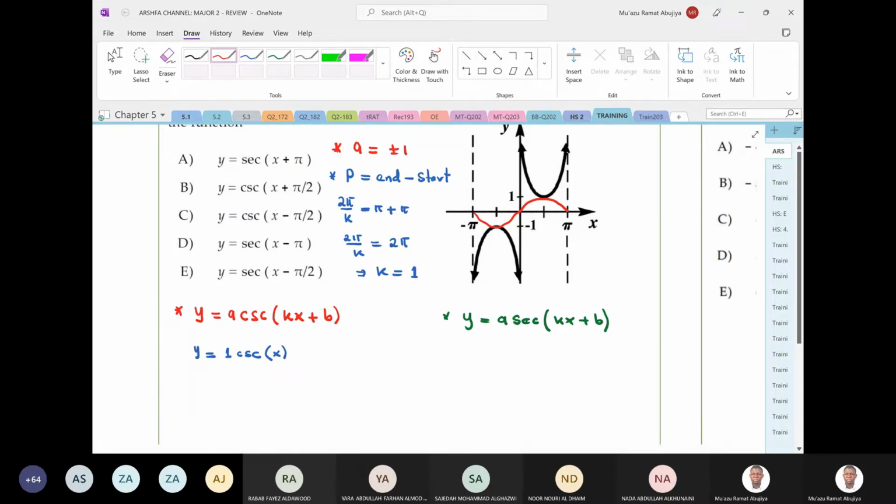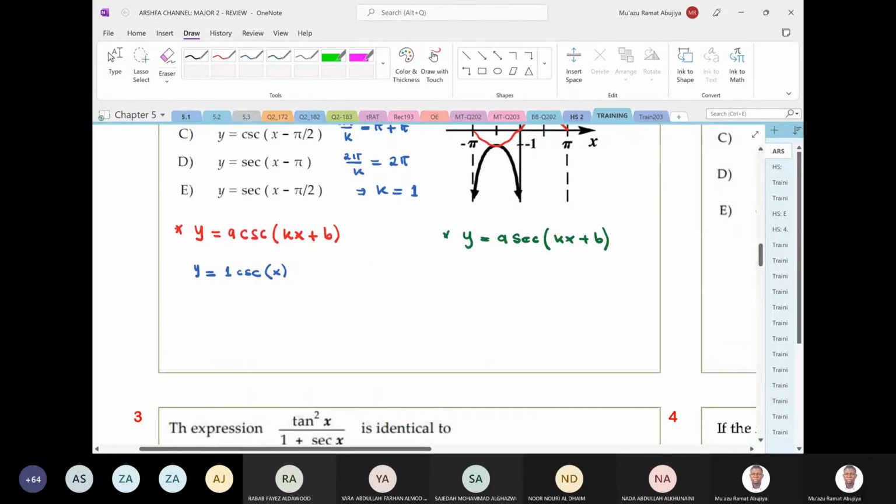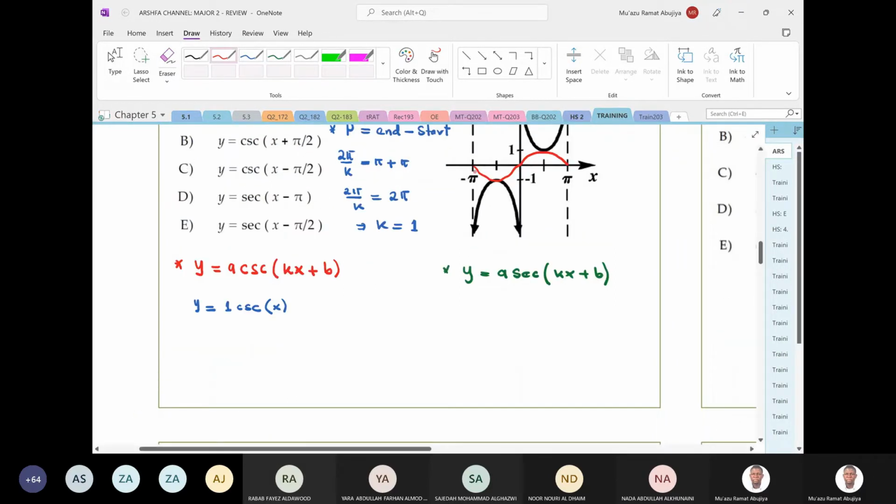When we are talking about the graph of cosecant or secant, sine or cosine, what is going to be the difference in the graph? I'll tell you the secret. Look at it. Now you see this one is starting from the negative part of y. Can you see that? So that means we start from the minus. So the graph will be y equal to minus cosecant of x.